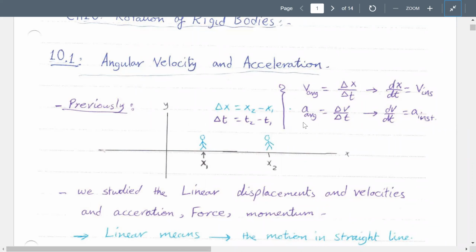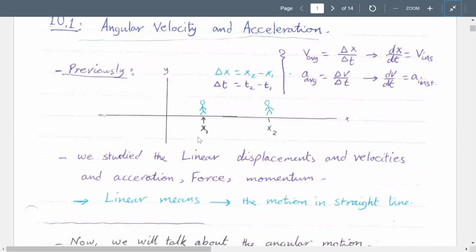Also, we can find the average acceleration, which is delta v over delta t, or the instantaneous acceleration. This is the linear motion. We finish it now.